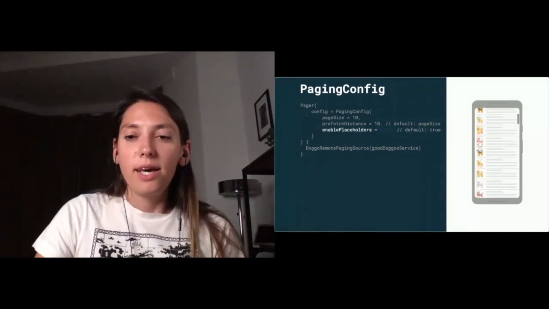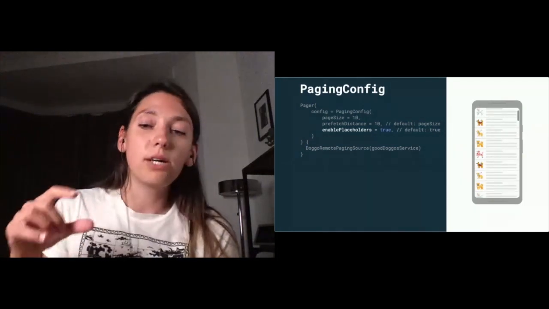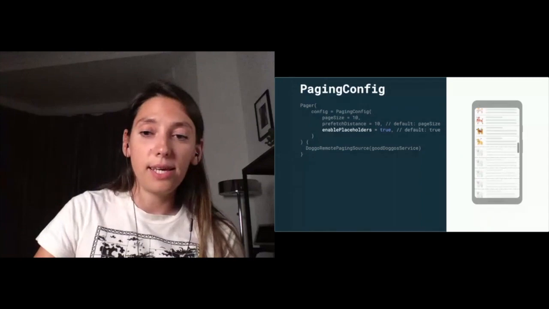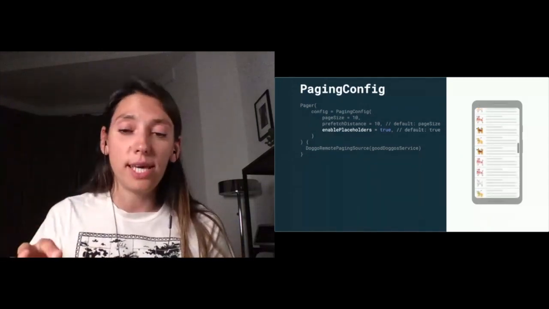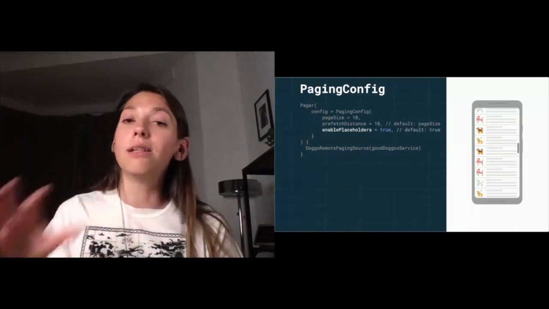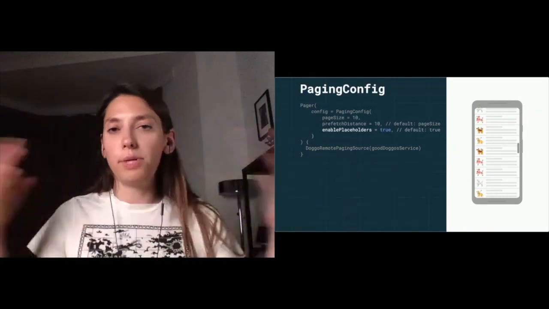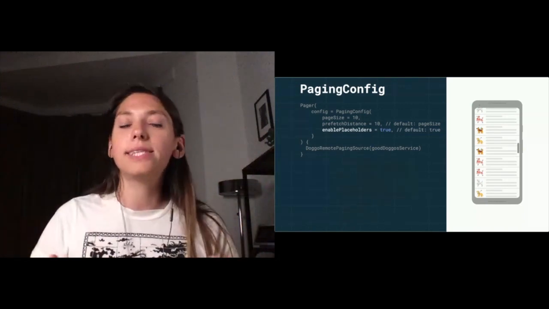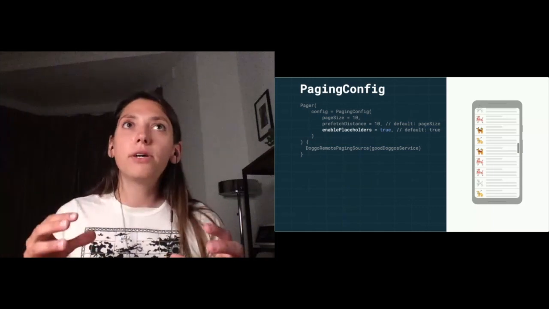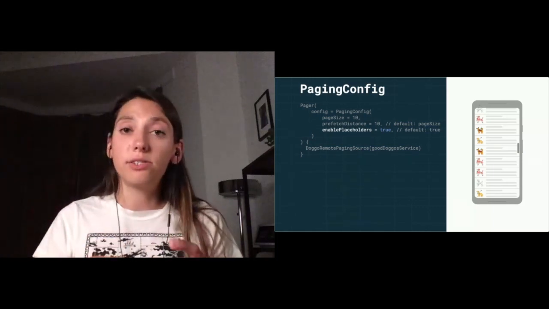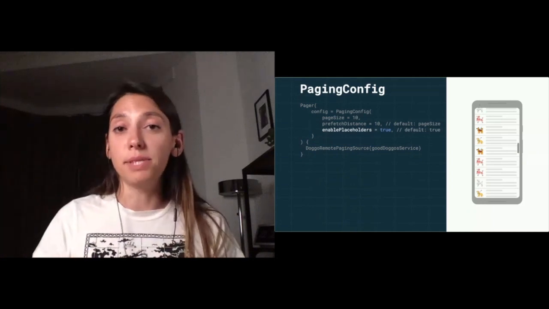Well, if you enable placeholders, the scroll bar size will be correct from the beginning. If you're scrolling towards an area where items haven't been loaded yet, you will just get null items back. This means that in your adapter, if I have a null item, then I should display a placeholder. And whenever paging is able to load that new data, it will emit a new list with the right elements populated.